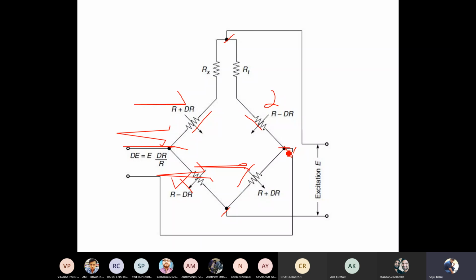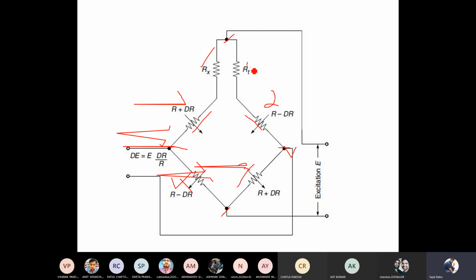I have done nothing, but the voltage is occurring because of the change in temperature. So to compensate that, we are using this RT and RX.